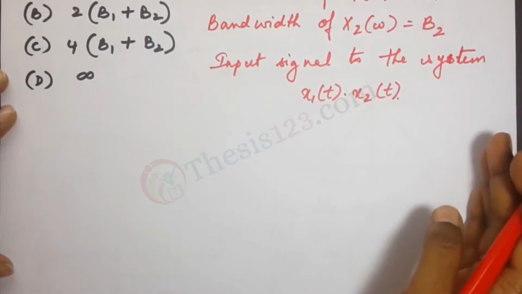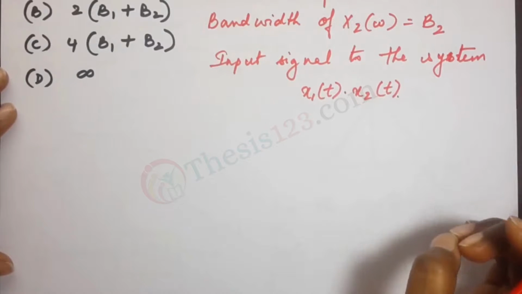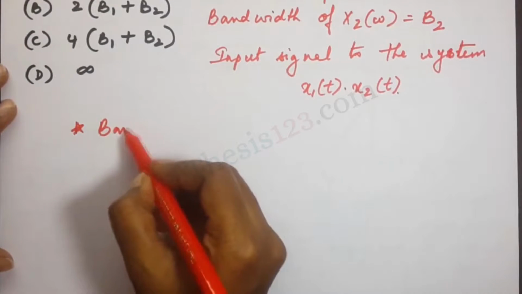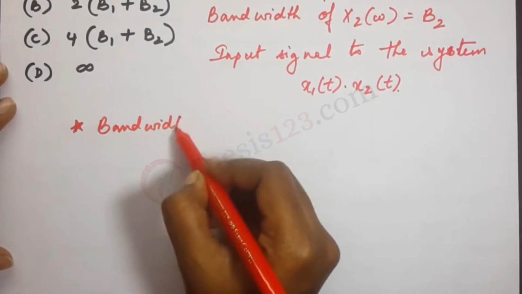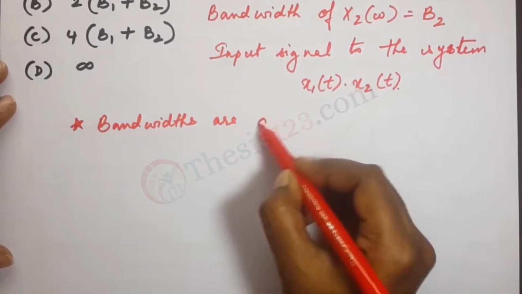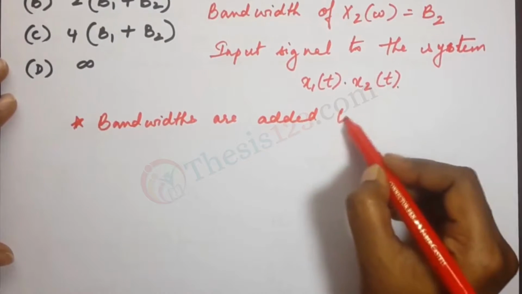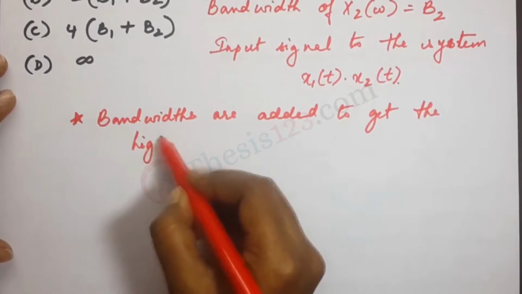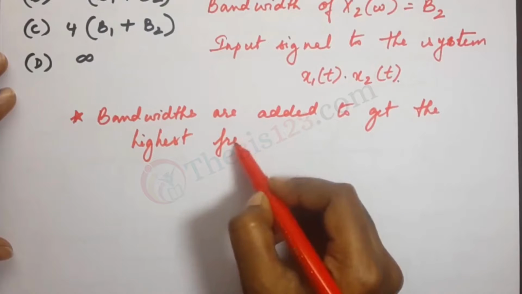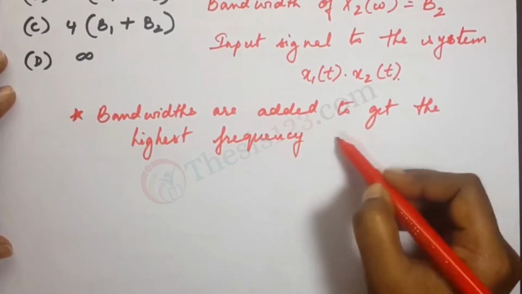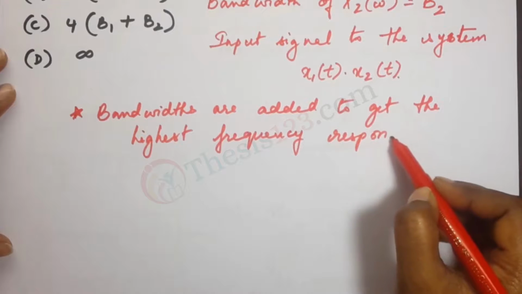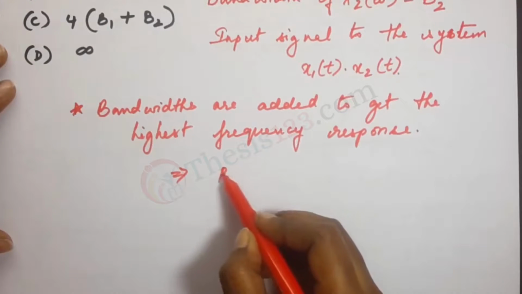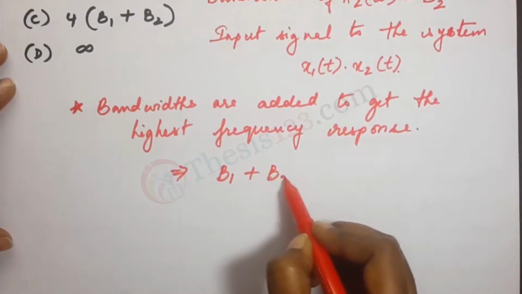So the bandwidths are added in order to get the highest frequency response. Okay, that's an important point. Bandwidths are added to get the highest frequency response. So this means that the bandwidth would be B1 plus B2.